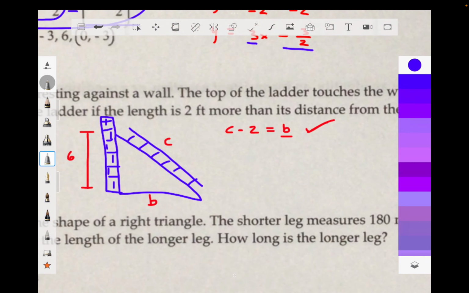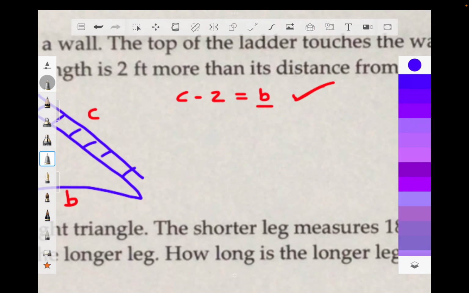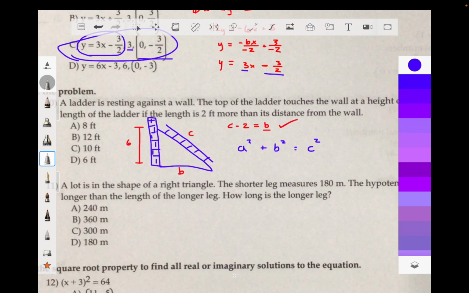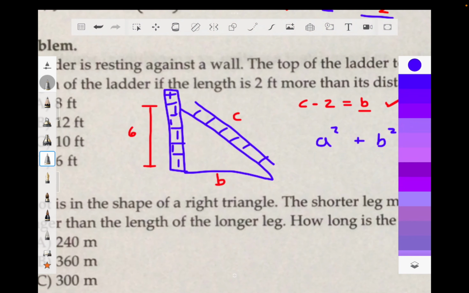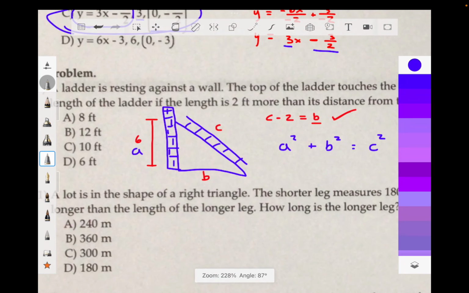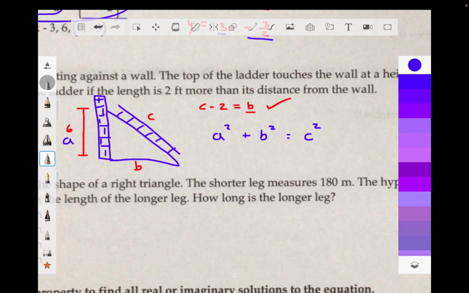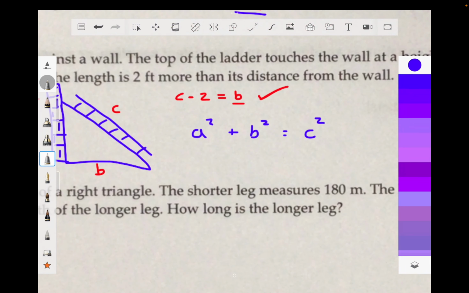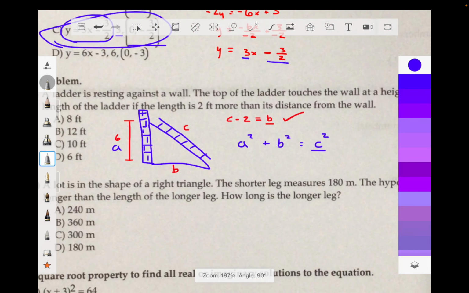All right, next part. So we know for the sides of a right triangle, a squared plus b squared equals c squared. We know a, which we'll call just this side right here, and we don't know b or c, but we're looking for c in the problem.